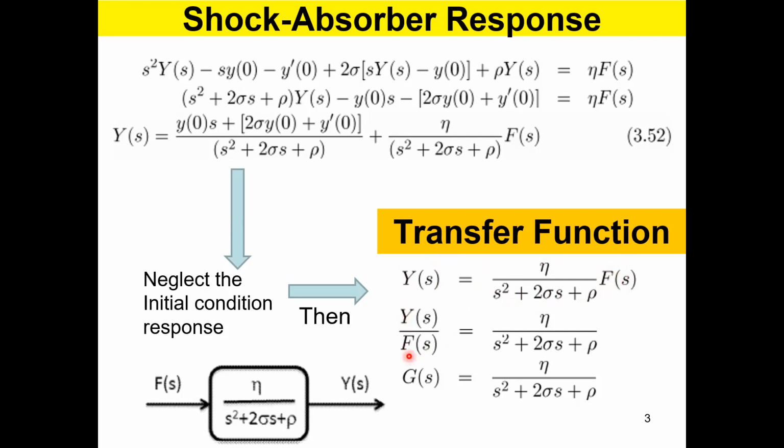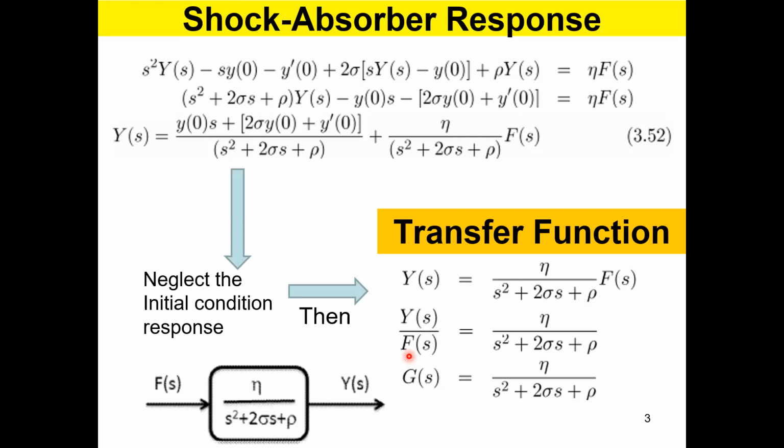This is in a rational polynomial format, Ys over Fs on the left, and on the right hand side eta over s square plus 2 sigma s plus rho. So now this is the lasting relationship between input or the reference and the output or the response.